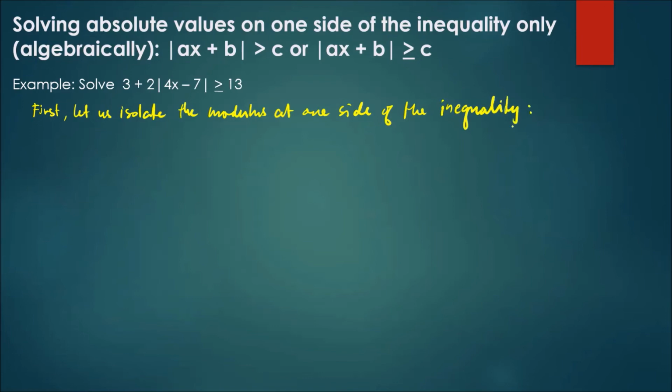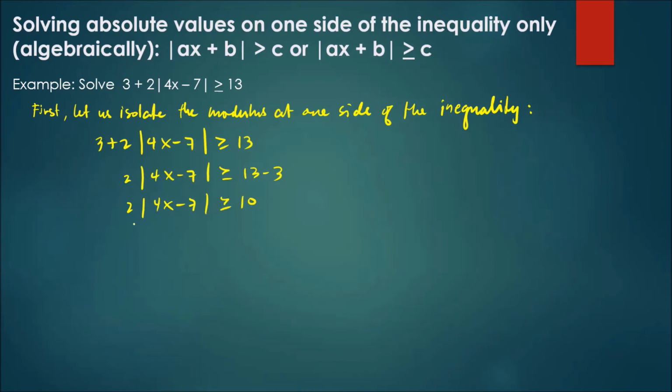So that is, we have 3 plus 2 times the modulus of 4x minus 7 greater than or equal to 13. So we transfer 3. So we have greater than or equal to 13 minus 3. So we have 2 times the modulus of 4x minus 7. So that is 10. And then we divide both sides by 2. So we have the modulus of 4x minus 7 greater than or equal to 5.